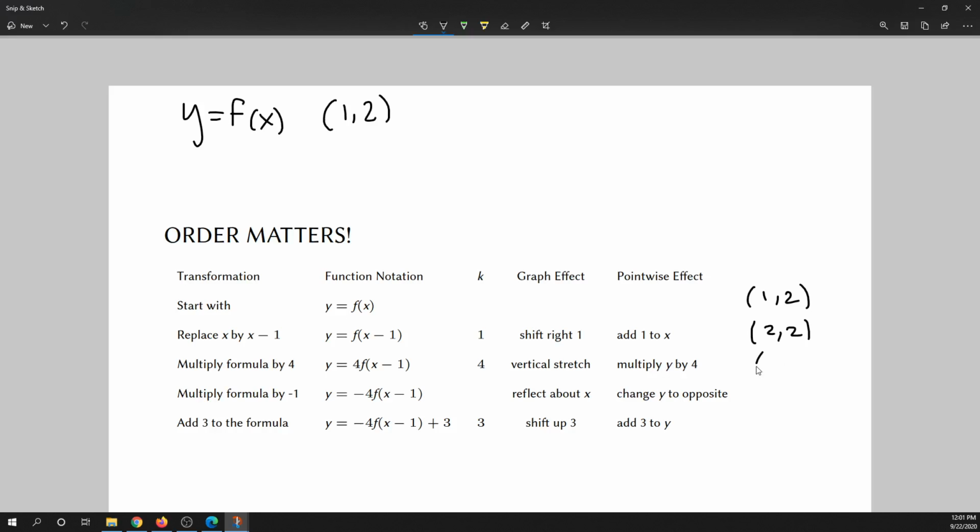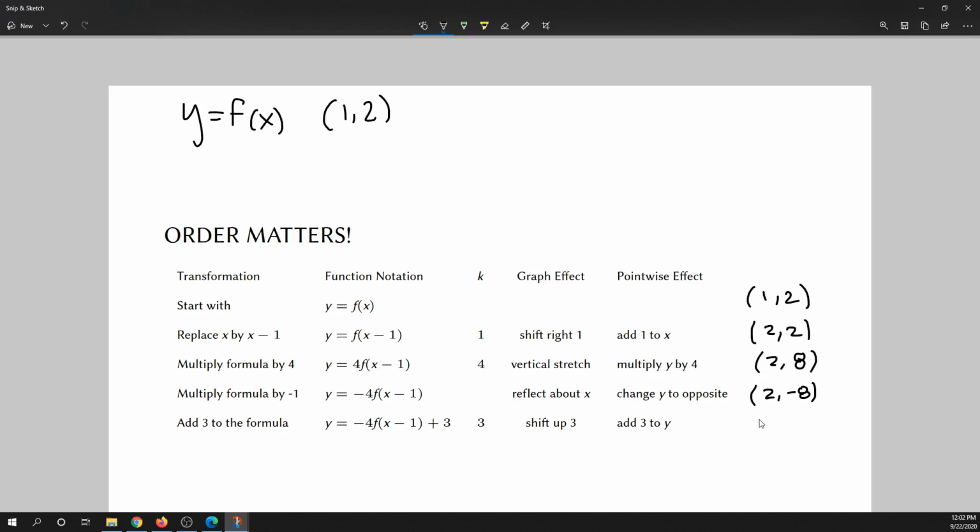And then multiply the y by 4, right? So that would have gotten moved to, oops, that's going to be 8. So this point I would multiply the y by 4 to get 8. All right, this transformation would change the y value to the opposite, so it would be minus 8 instead of 8.